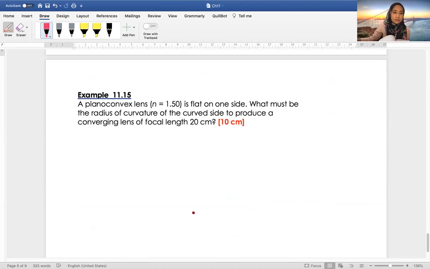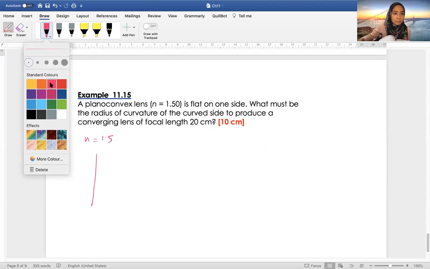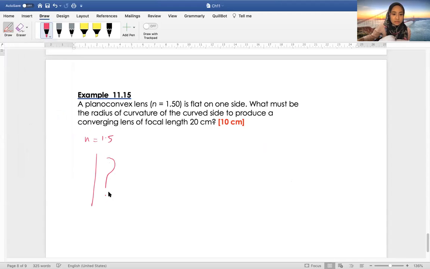Next one, a plano convex lens with n of 1.5 is flat on one side. So it's flat on one side and we don't know if the other side is curved outwards or curved inwards. So this side is unknown. What must be the radius of curvature of the curved side to produce a converging lens of focal length 20? So we want a converging lens, so it's positive 20 centimeter.